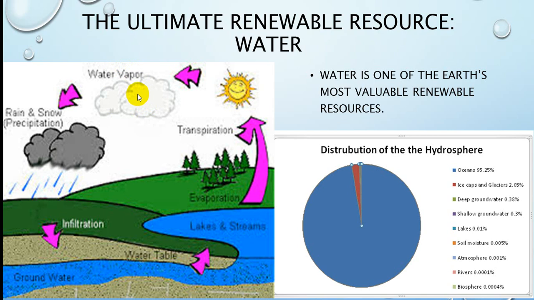And then when the cloud gets really heavy with a lot of evaporated water in it, then we get what's known as precipitation, and it will rain. All right, rain or snow or hail or sleet, any of those would be considered precipitation. It lands on the ground, it sinks back down into the groundwater, and it gets recycled.